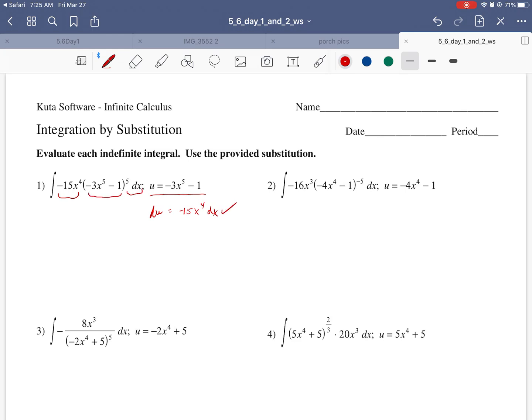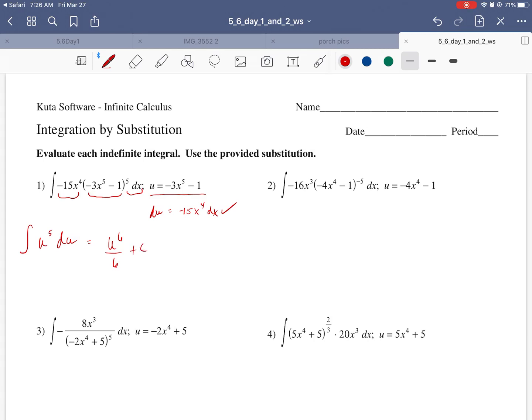So that is exactly what I needed because I already had my u. So I can rewrite the entire integral as a u to the 5th, and then the negative 15x to the 4th dx together is replaced with du. So I've simplified my integral to a single term in this case that I can use power rule for.